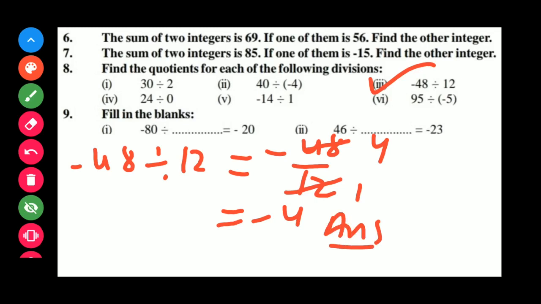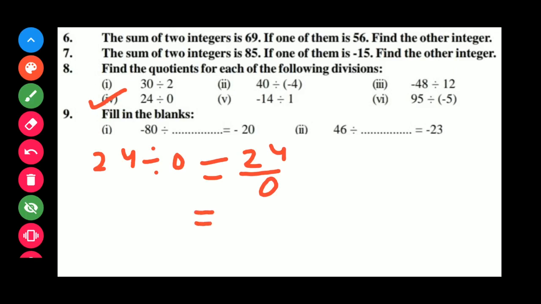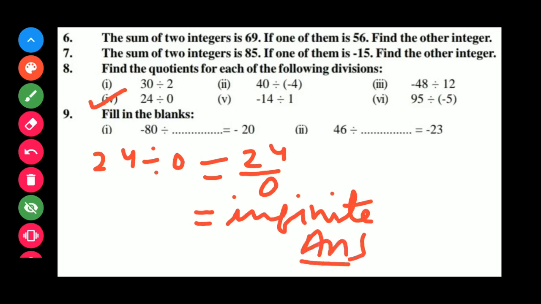Now come to the fourth question, that is 24 divided by 0. So it is 24 upon 0. Whenever any digit is divided by 0, it becomes infinite. So you can write infinite. That is your answer.